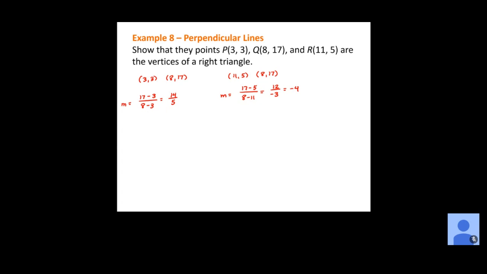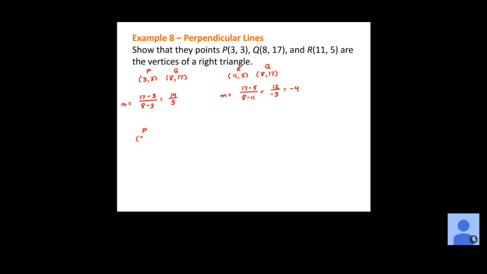So now I'm going to go back and test a different line segment to see if it's perpendicular instead. The pair that I haven't tested yet: we looked at point Q and point R, and we also looked at P and Q. So our other pairing that could work would be P and R. That's what I'm going to focus on next.